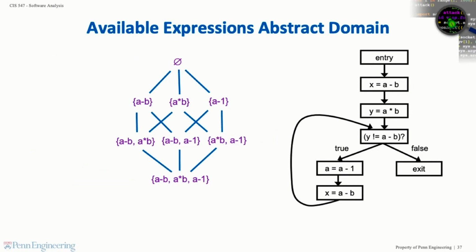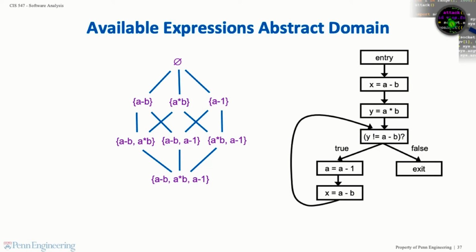Here is a visualization of the abstract domain for available expressions analysis on our example program. Again, the nodes are abstract values, and the edges represent the reverse set inclusion partial order between them. The bottom node, the set of all expressions, is the most precise, and the top node, the empty set of expressions, is the least precise.